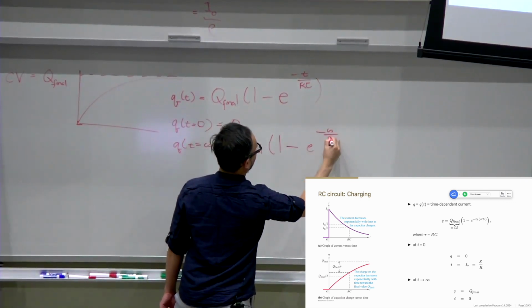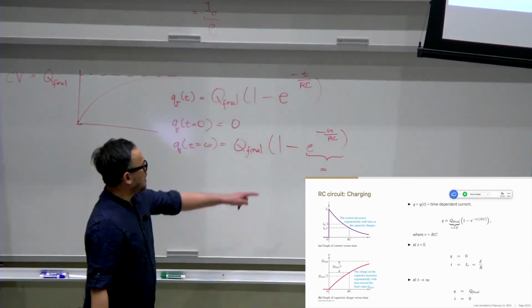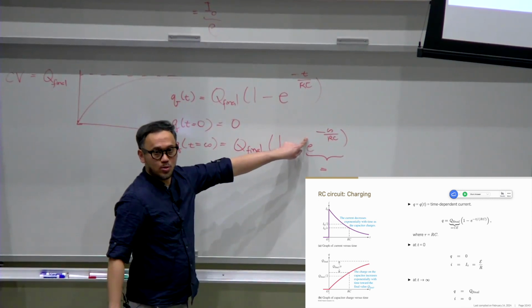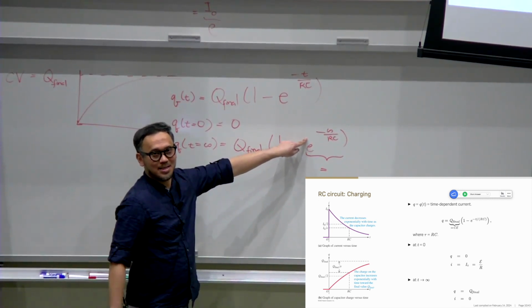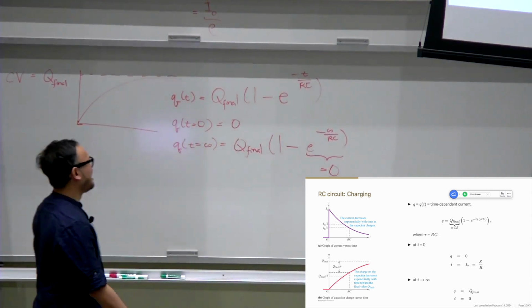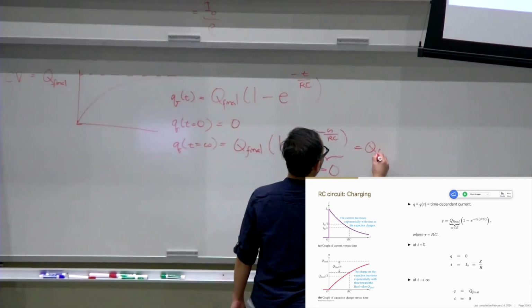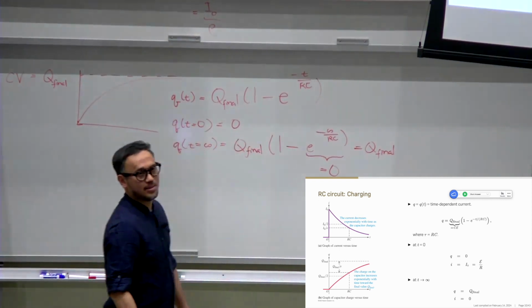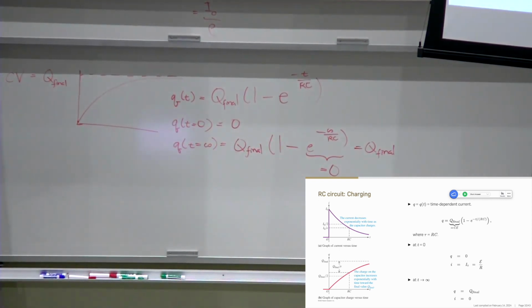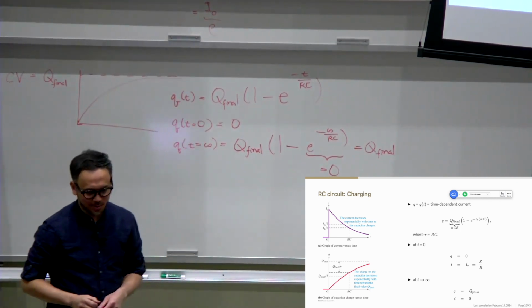And e to the minus infinity is equal to 0. Good. So 1 minus 0 is 1, and then this one is equal to Q final. Okay. Easy? It's the easiest A on campus. You just put t equal to infinity, t equal to 0.